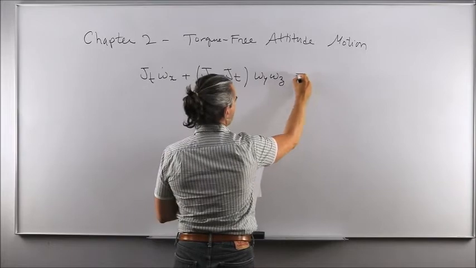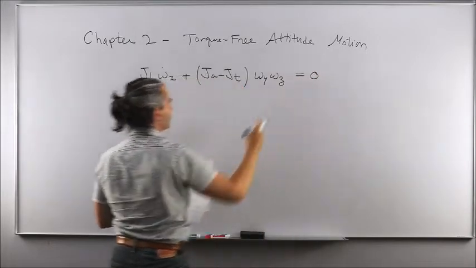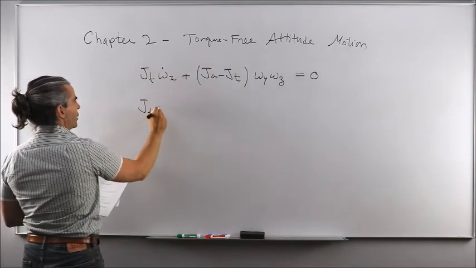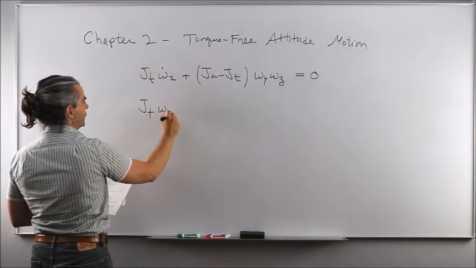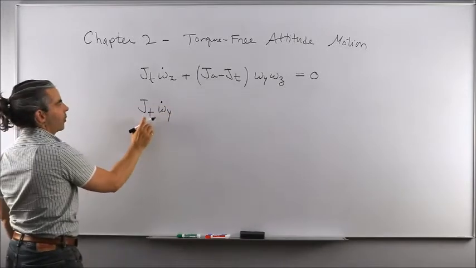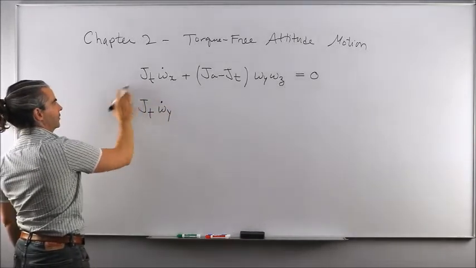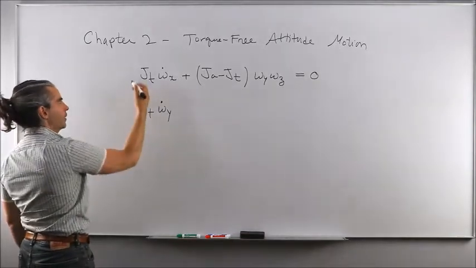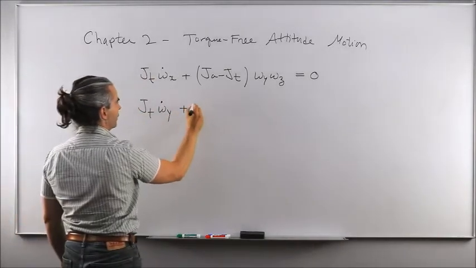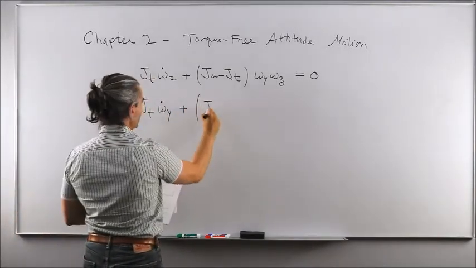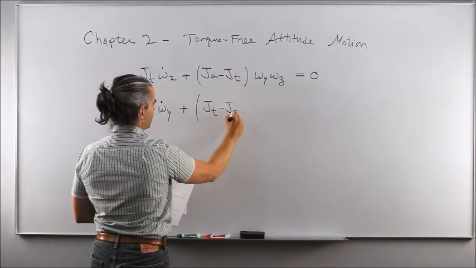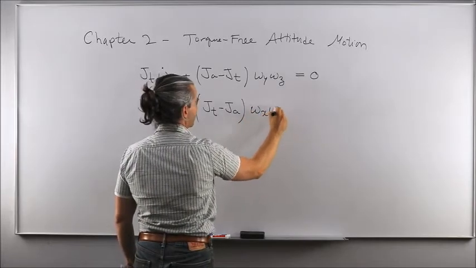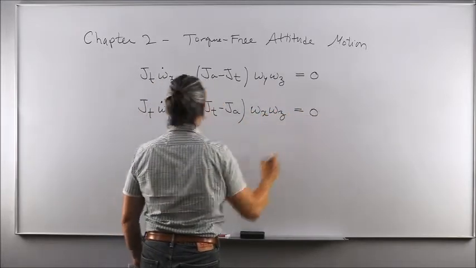And on the other side, there's no torque being applied, so we're going to set this term equal to 0. And then for the y equation, we're going to get Jt omega y dot. Previously, we had Jy omega y dot, but now, because of the axisymmetric assumption, the Jx and Jy are set to be equal and equal to Jt, okay? Plus (Jt minus the actual principal moment of inertia) omega x omega z, also equal to 0.